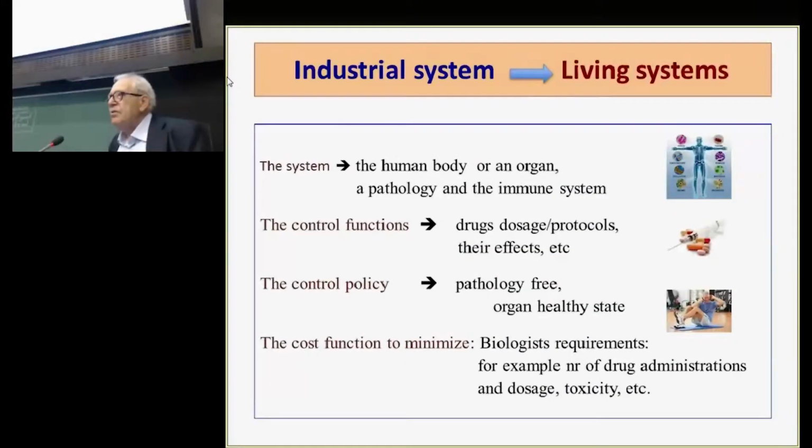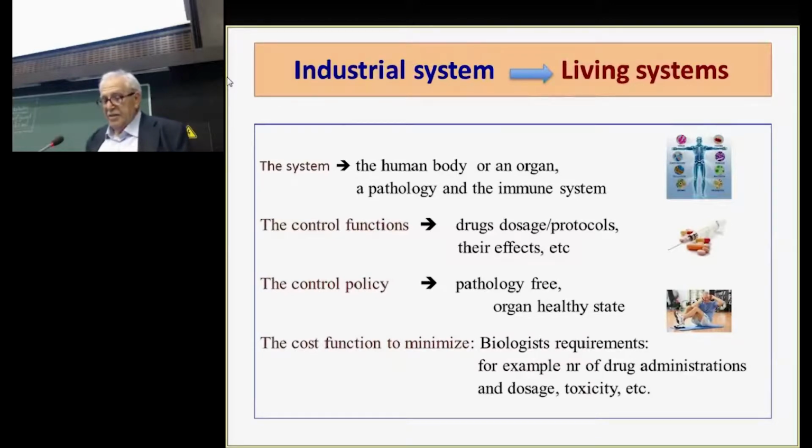Let's try to see if we can translate this experience to living systems. That's the goal. What is the system in our case? It's the human body, an organ, a pathology, and of course here we have to include the immune system. The control function?